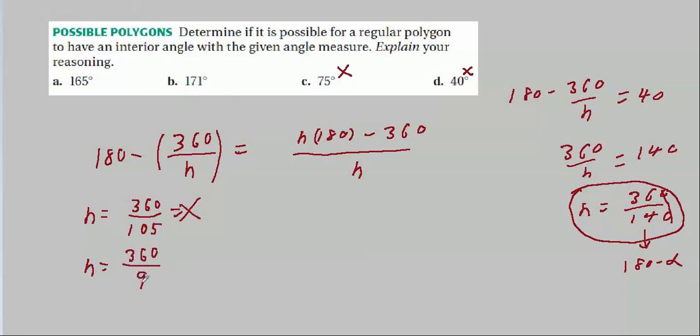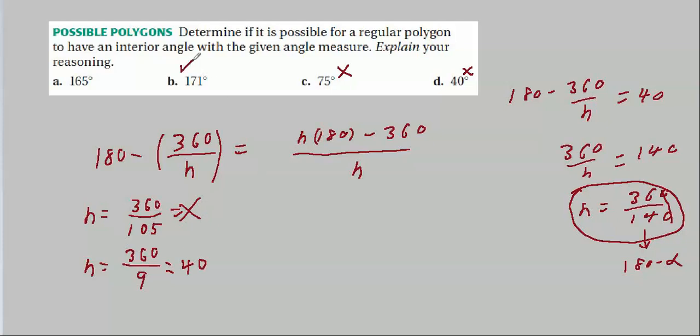Well, that is an even number. It's going to be a real big polygon. At least I think that's an even number. Let me take a look here. And that gives us that n equals 40, which is an integer. So this is possible. That one's okay.